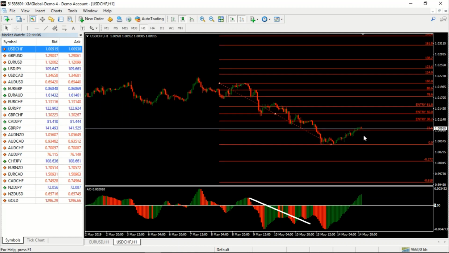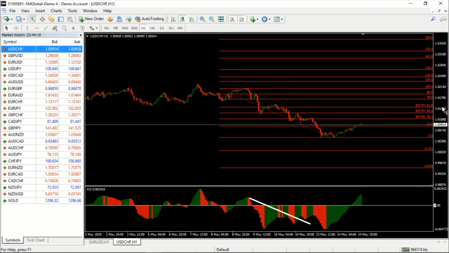We've also got extension levels on the opposite side. So on the opposite side, below the 0, we've got our minus extension levels. As we scale down again, we will see that we've got a minus 0.272 extension level. We've got a minus 0.618 extension.